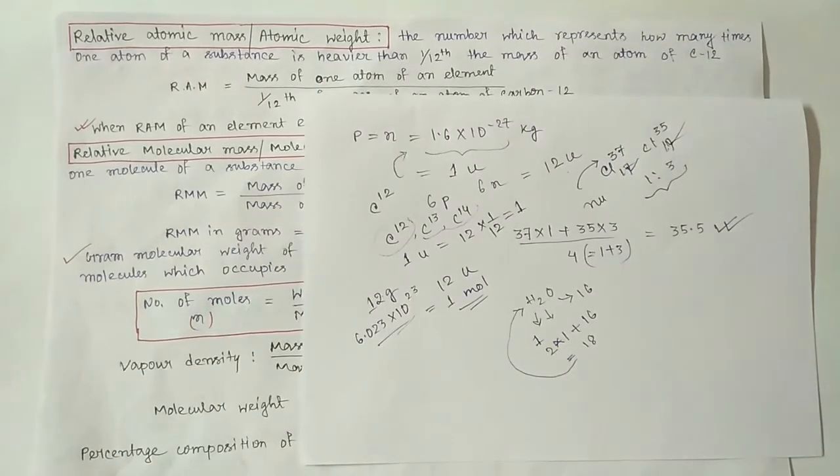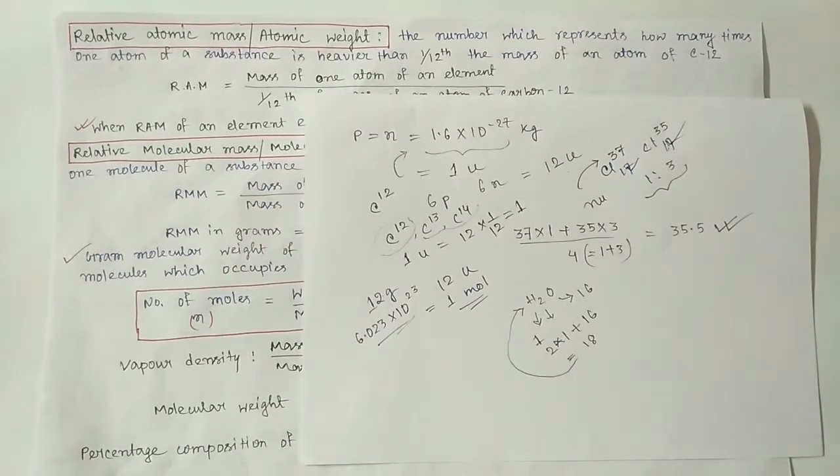Now I have just told you what the atomic mass of an element is. So you were asked what it means that the atomic mass of oxygen is 16. It means that one atom of oxygen is 16 times heavier than 1/12th of the mass of a C12 atom, and I have told you that 1/12th of the mass of a C12 atom is actually 1 AMU, 1 atomic mass unit.